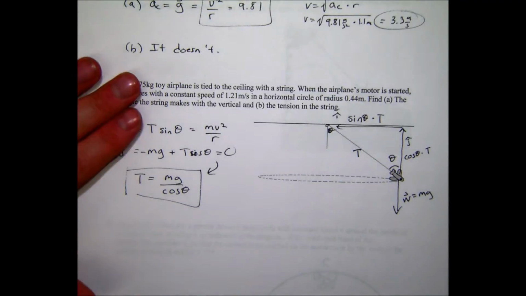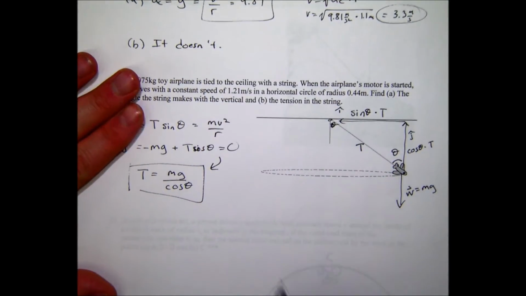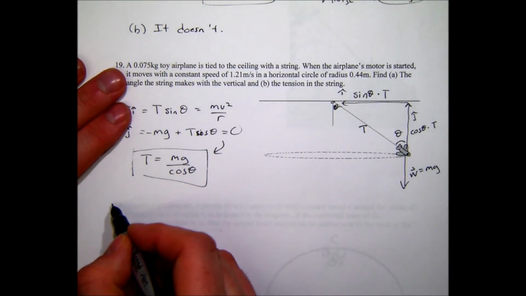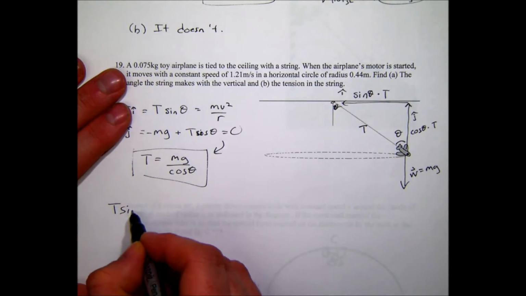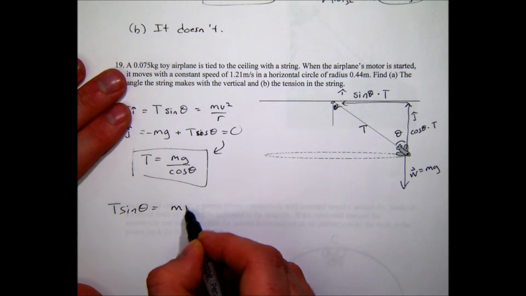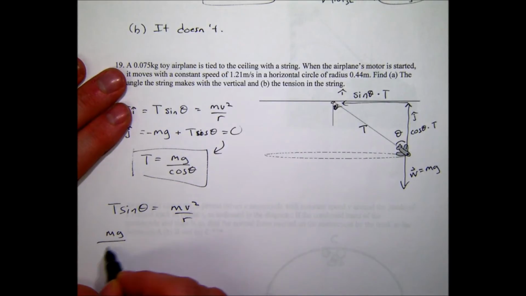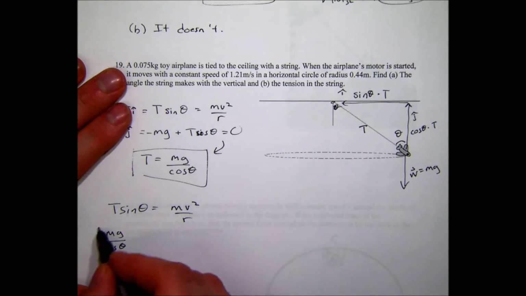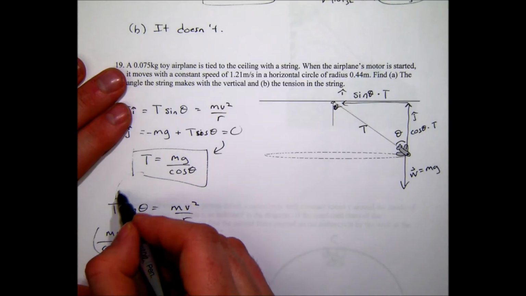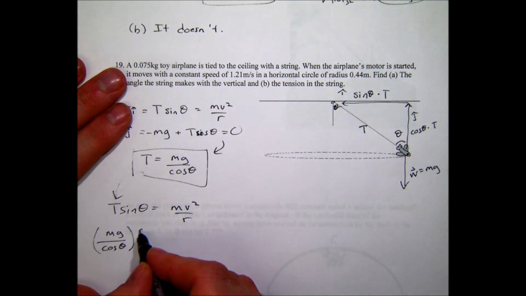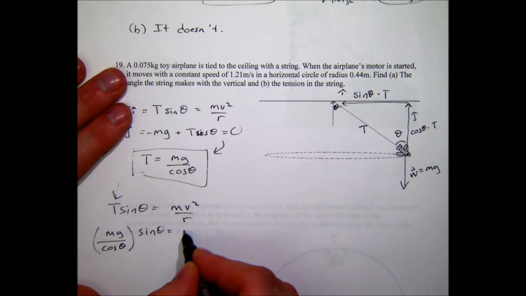Now I'm going to go up and use this expression but sub in my T value. So T sine theta is equal to mv squared over r. mg over cos theta, sub my T in for it, times sine theta is equal to mv squared over r.